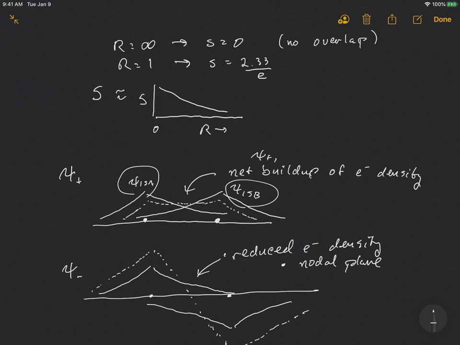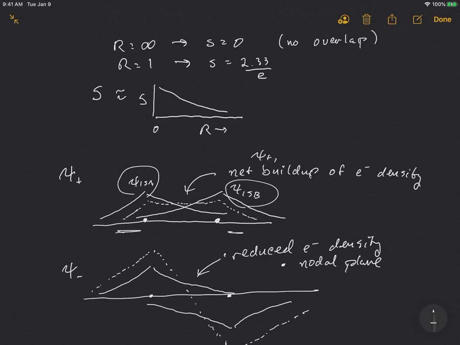If we add them up, we end up with this dashed line, where we've got extra electron density, or extra wave function amplitude, in between the two nuclei. And because it's normalized, that ends up shrinking the amplitude of the wave function on the outside of the two nuclei.